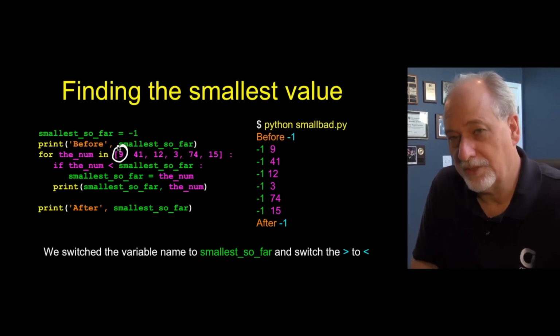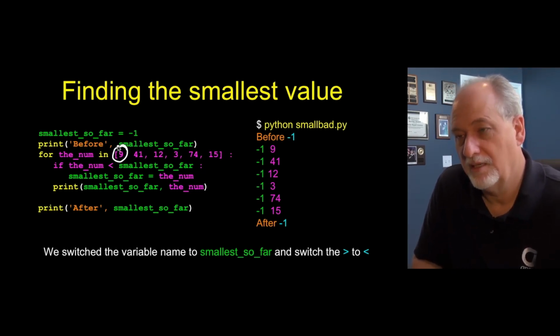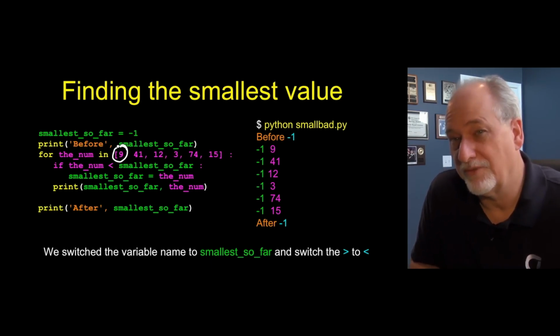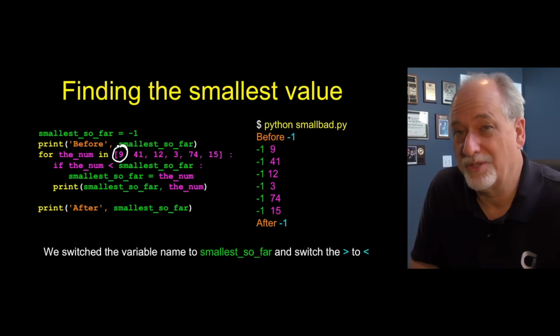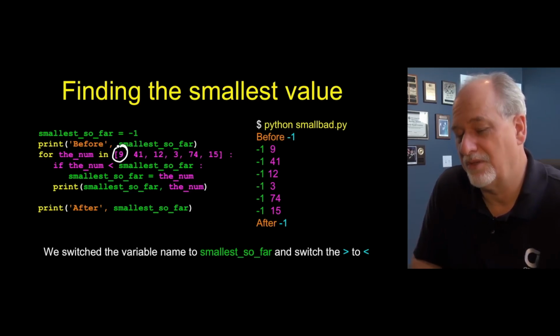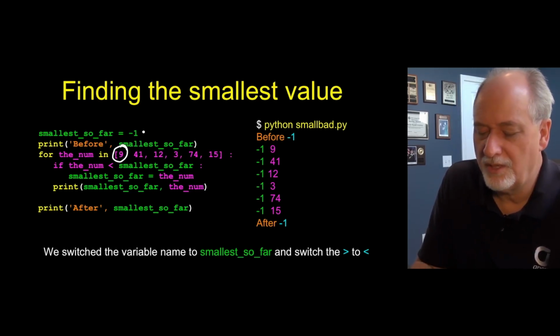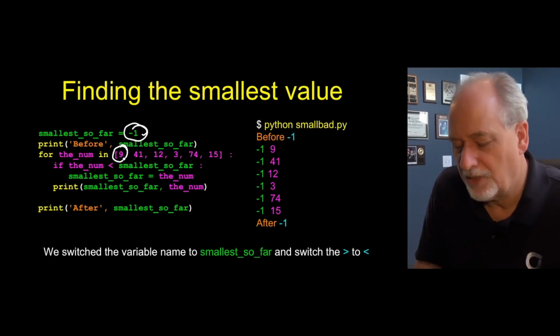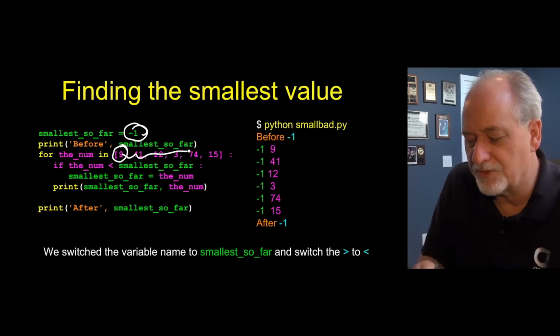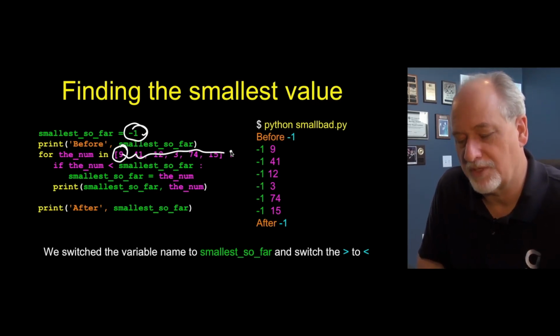As soon as you see the first number, the 9, we know it's both the largest so far and the smallest so far. But we don't know before the loop starts what that first number is. Assume this is data coming from somewhere else, and we don't know it until we start reading it.